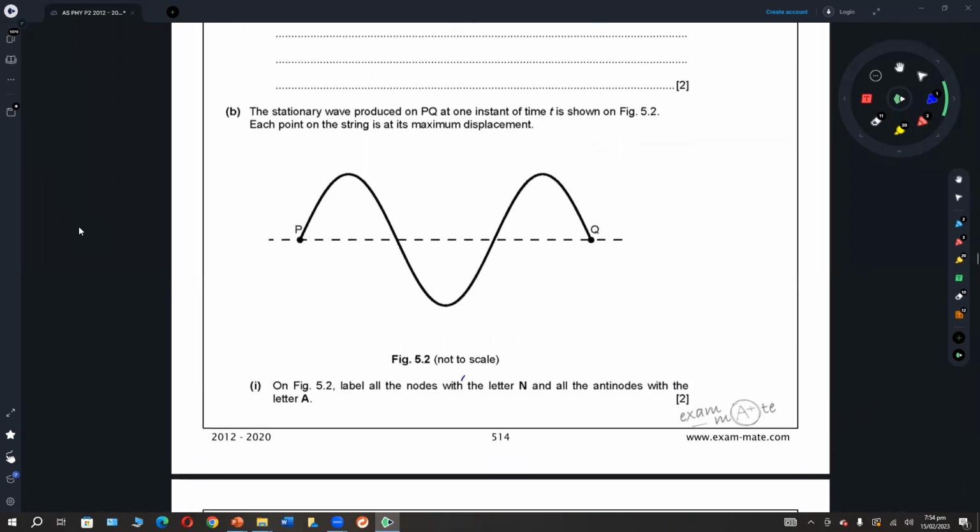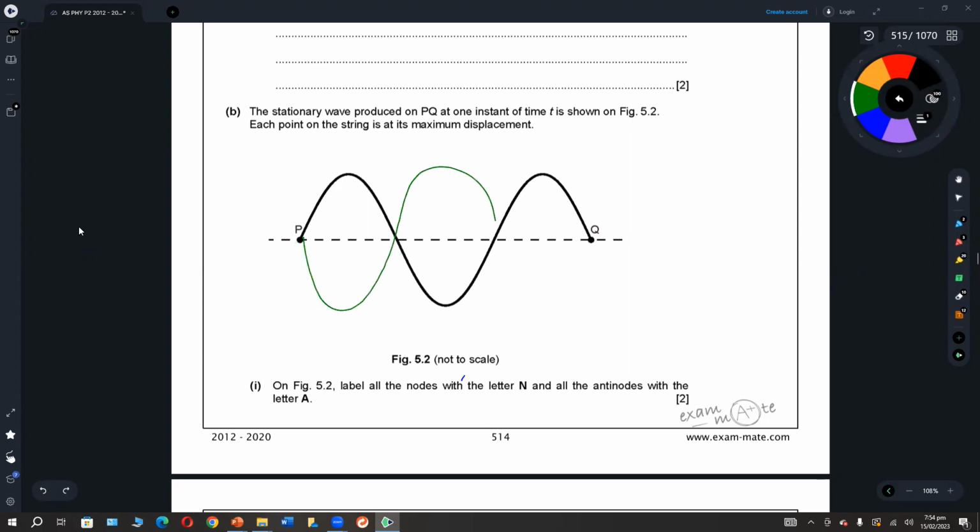The stationary wave produced on PQ at one instant of time is shown. Each point on the string is at its maximum displacement. I make a stationary wave for simplicity.